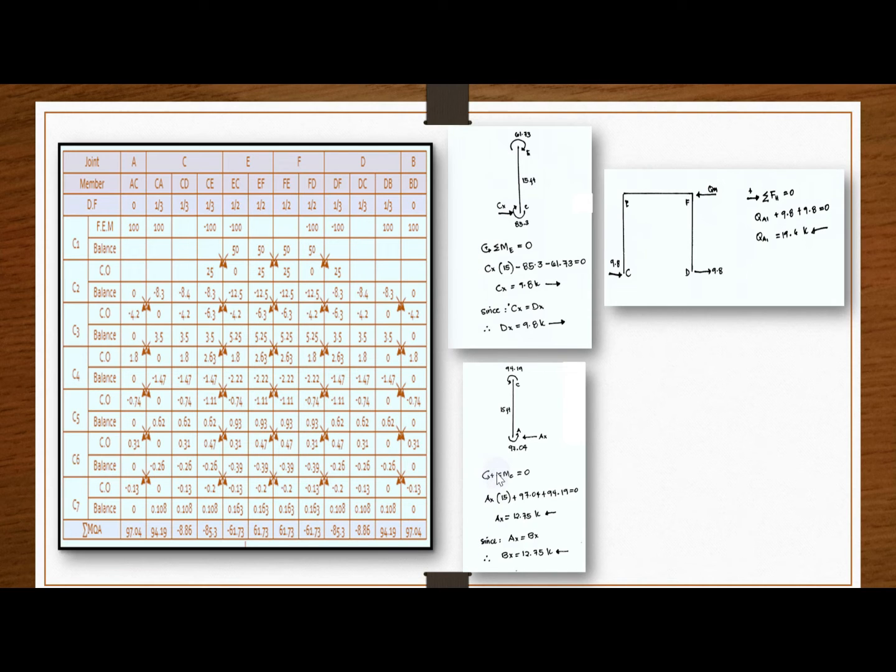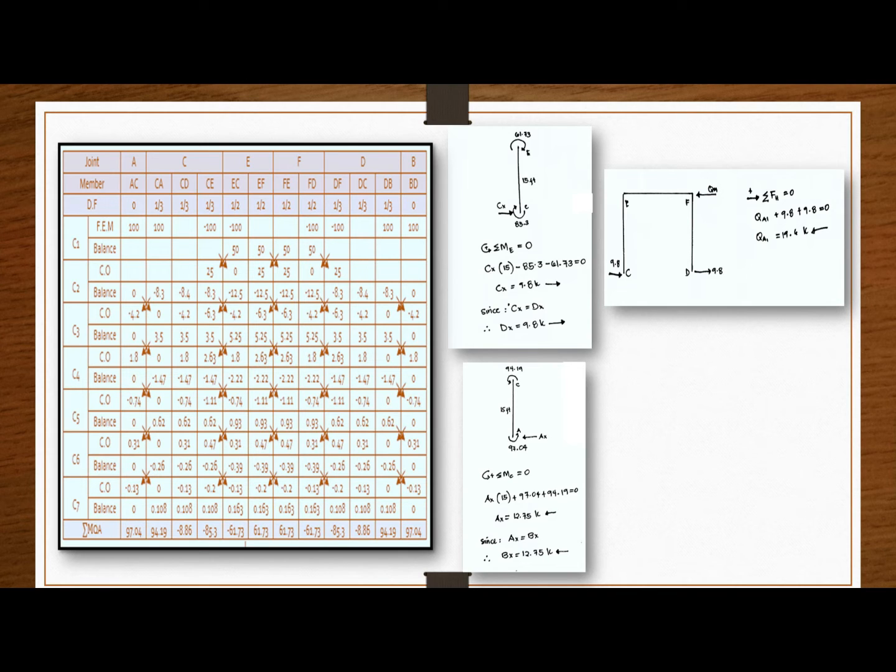So all counterclockwise is positive. So summation of moment C is equal to 0. So AX is equal to 15, our length, plus 97.04 plus 94.19 is equal to 0. So our AX here is equal to 12.75 K to the left. So negative is our AX.